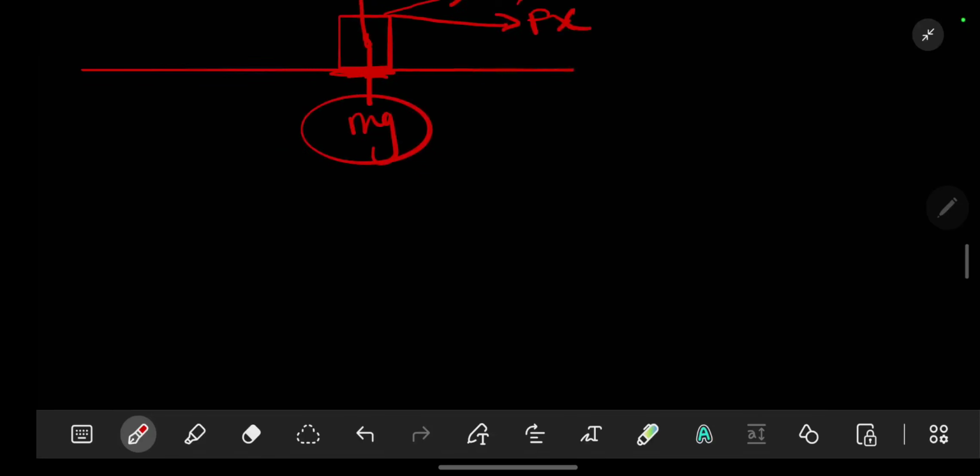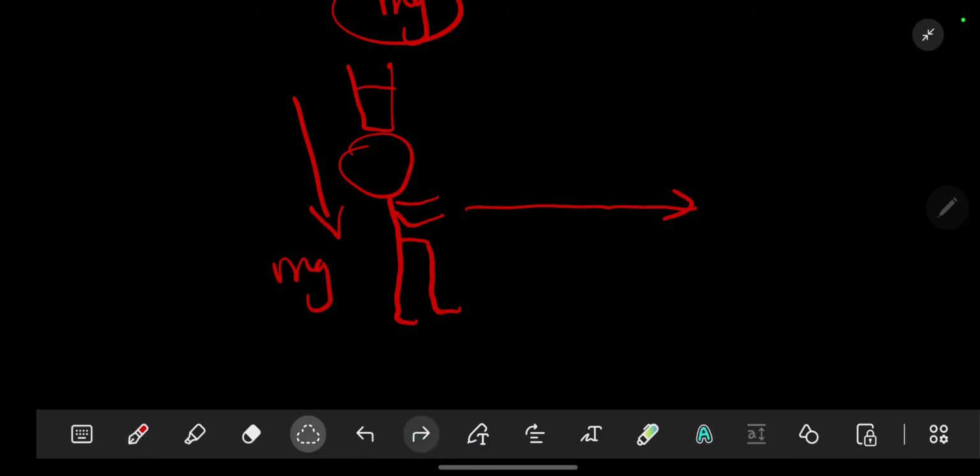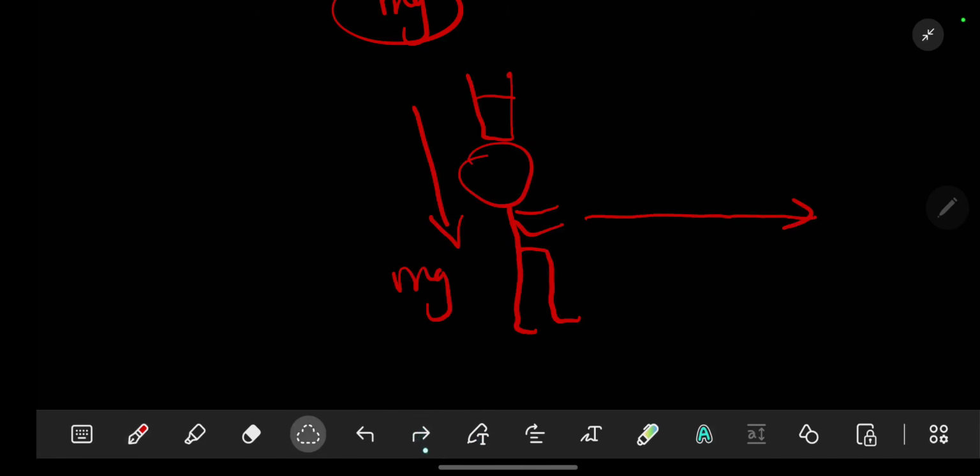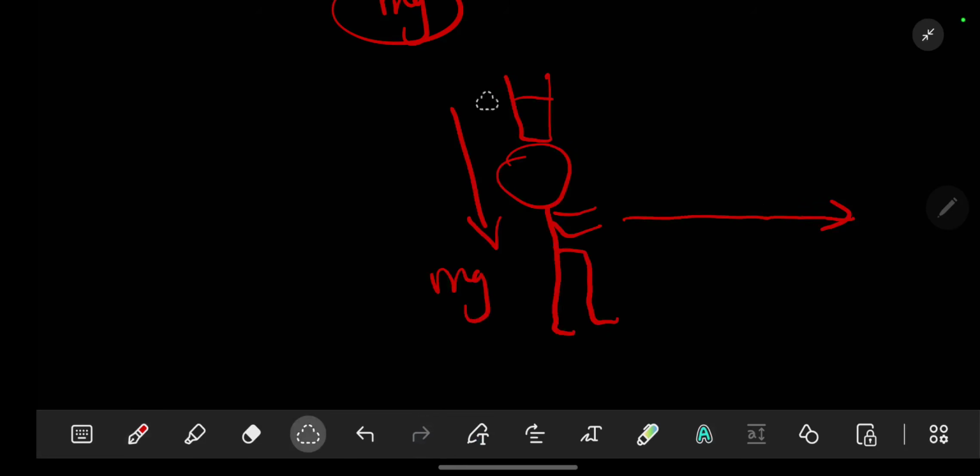solve some problems. Before that, let's recap on one thing that is very cardinal that we talked about last time. If you have someone like that, carrying a bucket on top of the head, as they are moving this side, this person is said to not be doing any work.